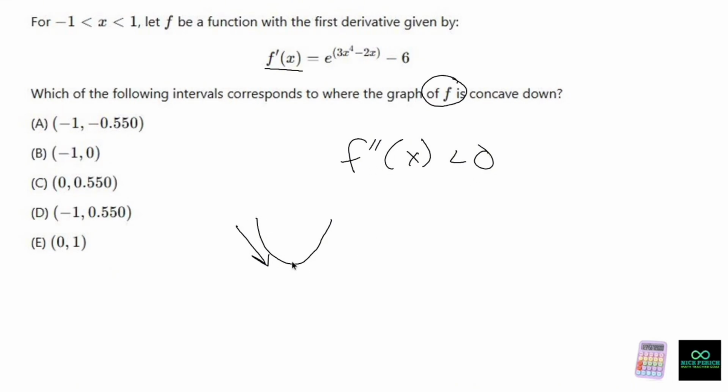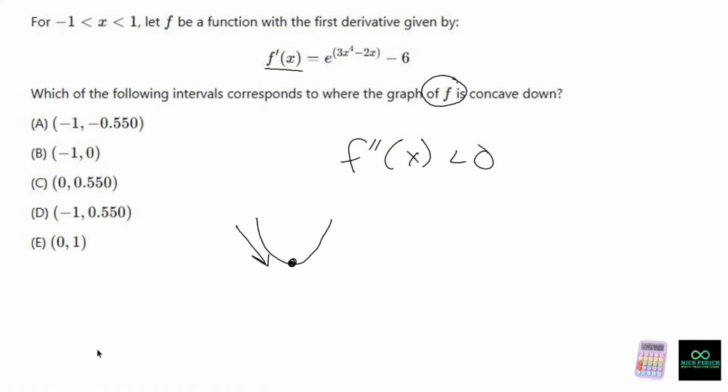So what I need to do is find the minimum, where the derivative goes from decreasing to increasing. A negative slope of the derivative means that the second derivative is negative. So I'm going to run to my calculator, type that in, hopefully get a picture that looks something similar to this, and find out my minimum. Once I find my minimum, I can find out where my graph is concave down.